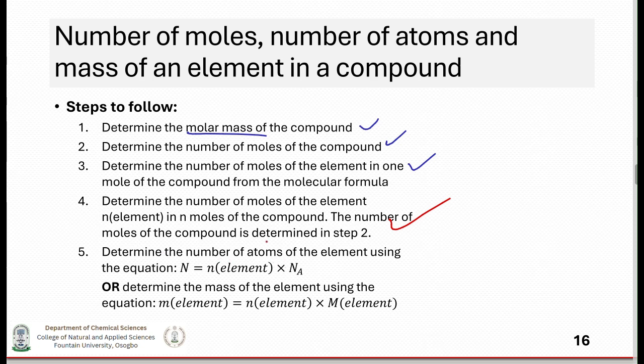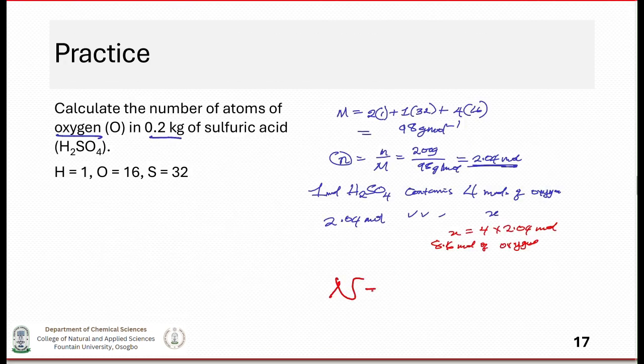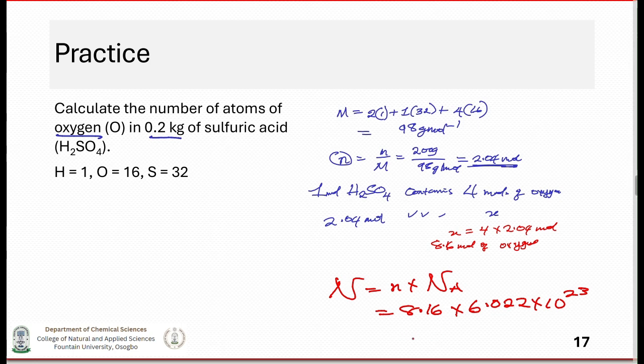Since we know the number of moles of oxygen, we just use N equals number of moles times Avogadro's number, N A. The number of moles we got for oxygen is 8.16, and Avogadro's number is 6.022 times 10 to the power of 23. The final answer will be 4.91 times 10 to the power of 24 atoms of oxygen.